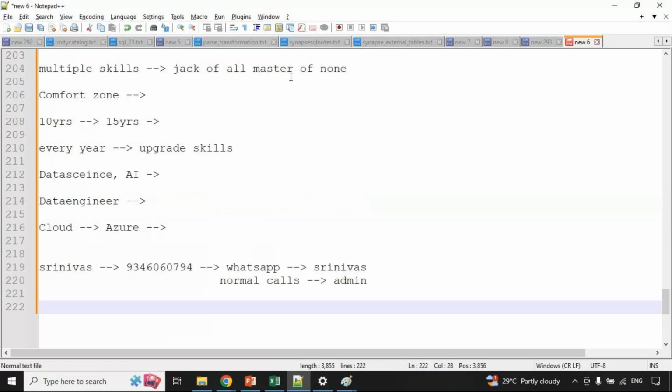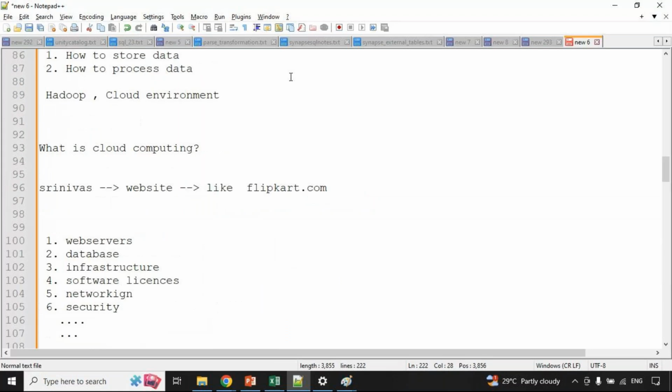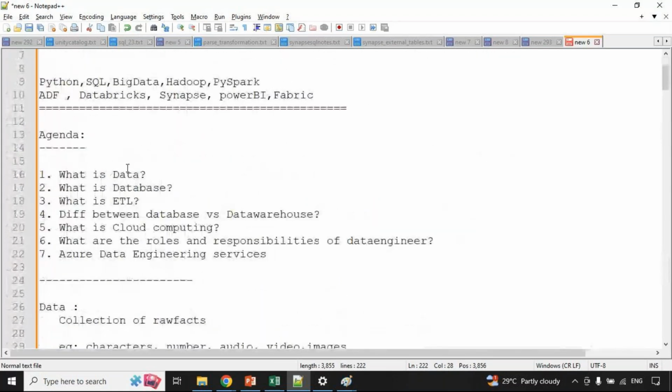So what did we understand today? Data is a collection of raw facts. A database is where you store the data. Traditionally, ETL is a process to extract the data, apply the transformations and load it. OLTP databases hold transactions, a small, limited amount of data, while a data warehouse holds a huge amount of data.